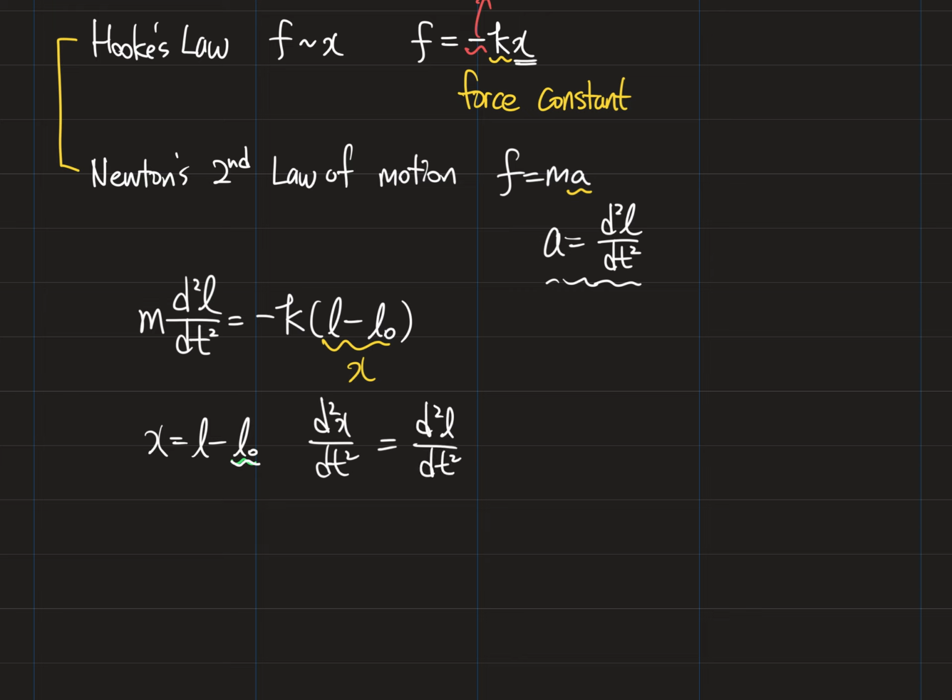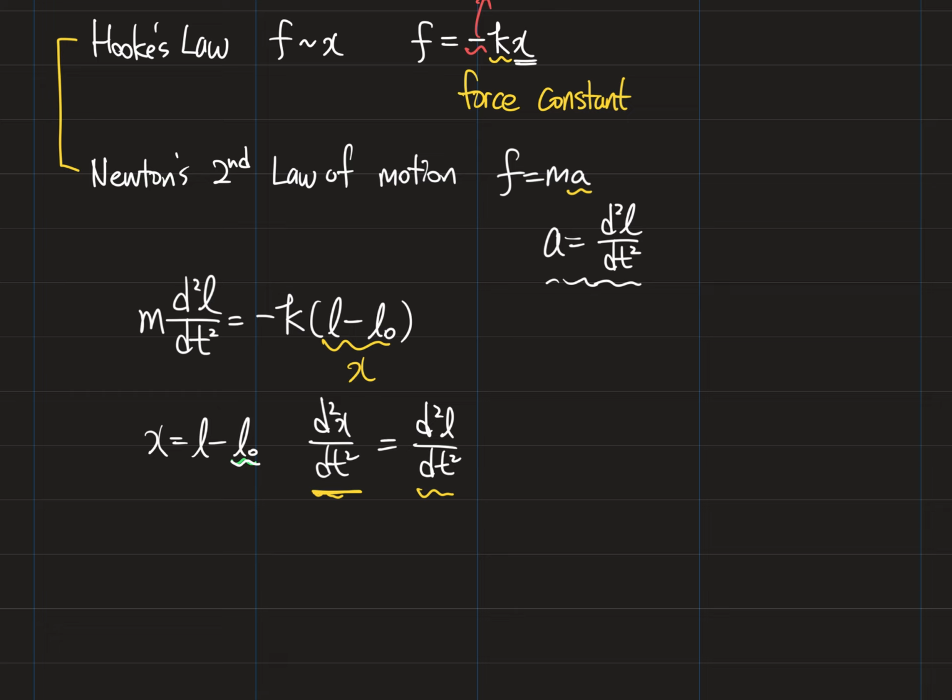So mathematically, it doesn't really matter whether we focus on the length L or the displacement x. If we solve the differential equation for the position x, then we can convert this information to the position L by adding the equilibrium length L0, right?